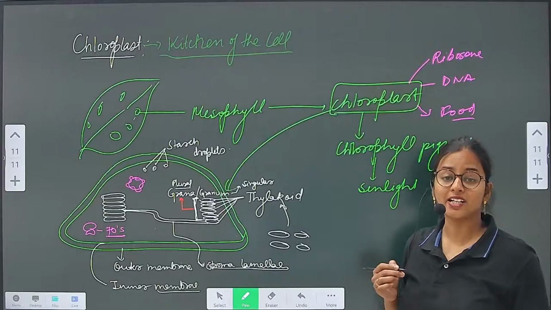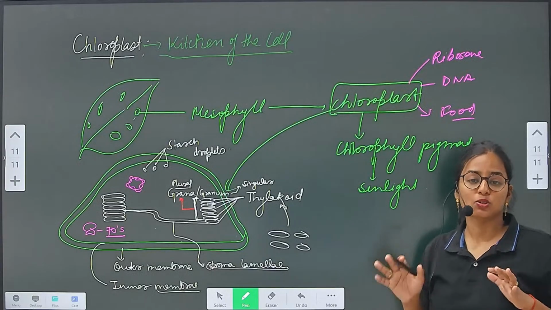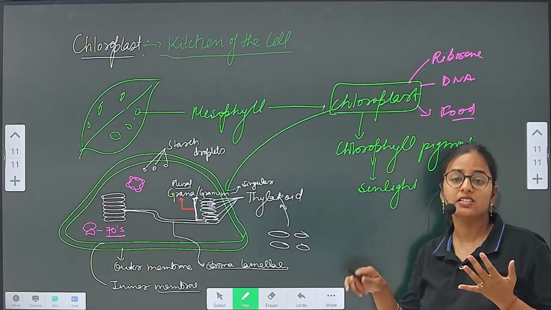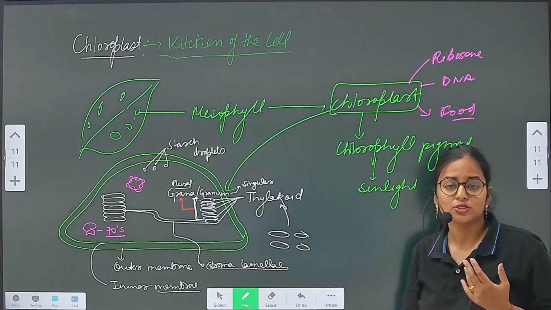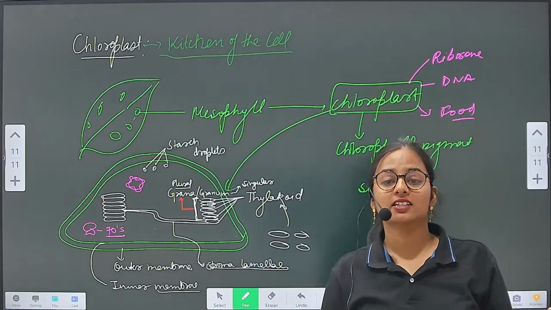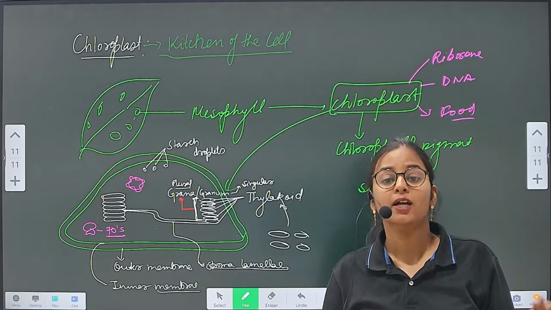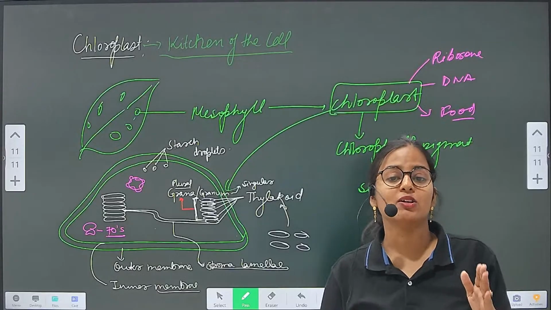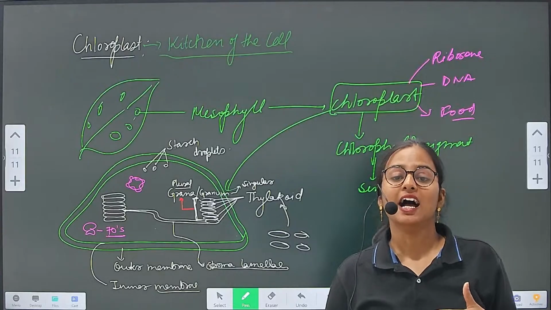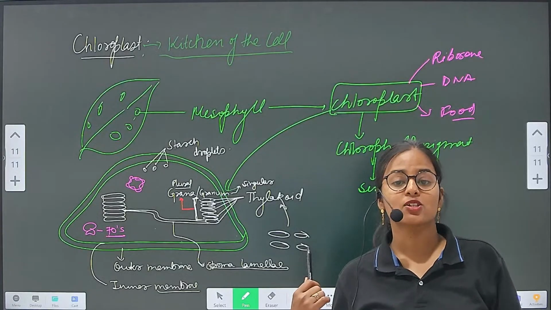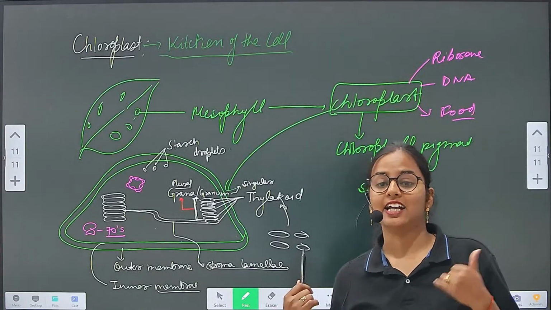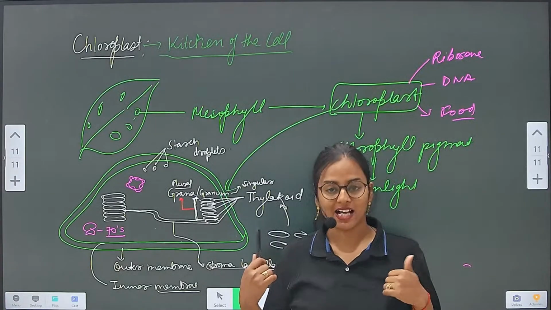So my dear students, if the chloroplast has its own DNA, its own ribosome, its own food, don't you think it can run independent of any other regulatory system? It is not directly regulated by the nucleus, it has its self-regulatory mechanism, and that is why this is called an autonomously replicating structure like the plasmid in prokaryotes.